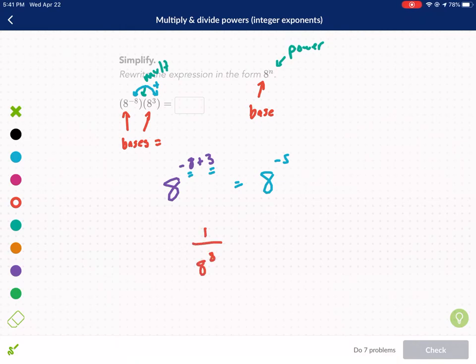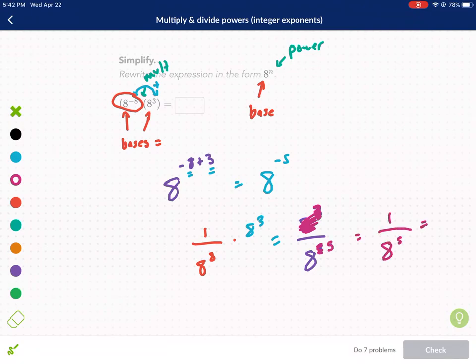So we rewrite it as 8 to the 3rd over 8 to the 8th. What happens? We would have 3 of those 8s cancel away, leaving 5. That's 1 over 8 to the 5th, and that's another way to write 8 to the negative 5th power. So just to come full circle on what negative exponents mean, that's why our answer is definitely correct.